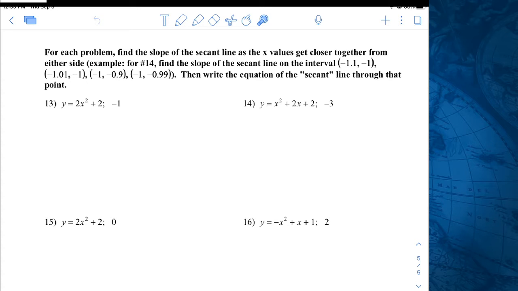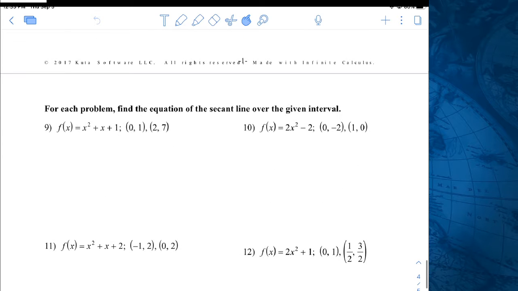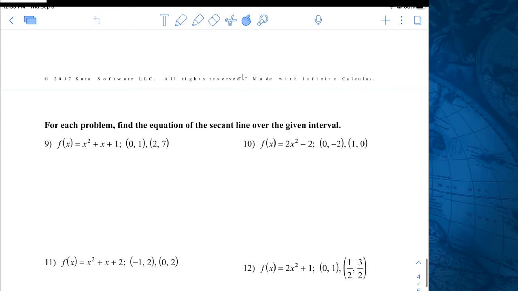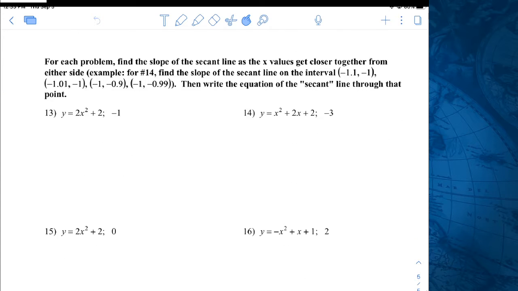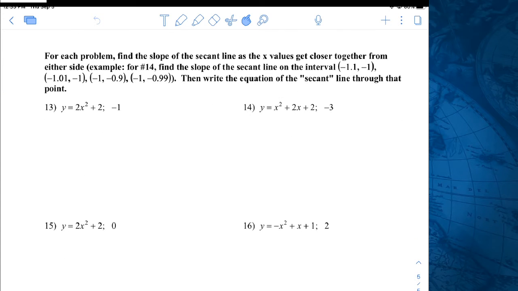I'm going to do one of the questions as an example, so you can see how to do it for 13 and 15. It's not really that different from the previous questions. It just requires a little bit more setup, and you're finding multiple secant lines, multiple slopes per question here.